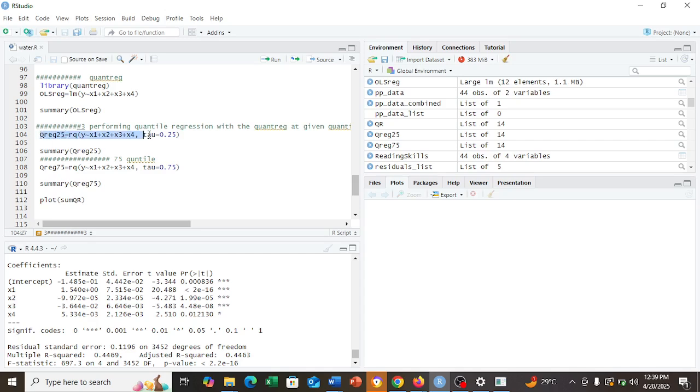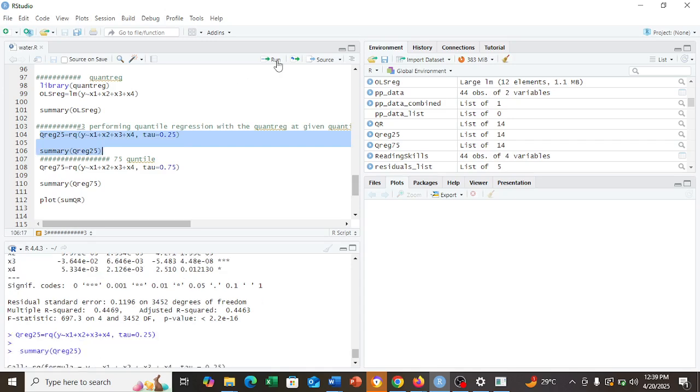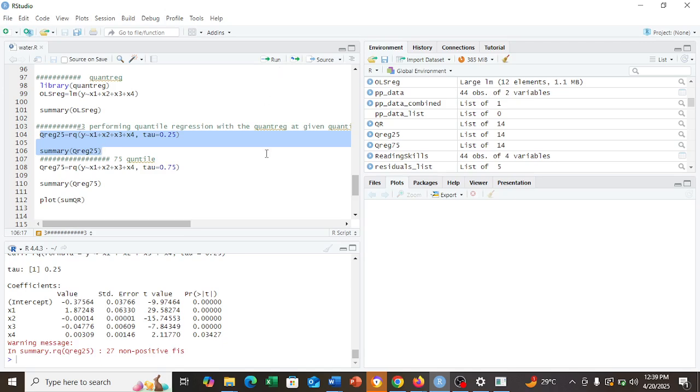So I'll run this and then I'll get the output for the 25th quantile. We have tau here, which refers to the quantile. So if you see tau 0.25, I'm looking at the 25th quantile. Tau 0.5 means I'm looking at the median.